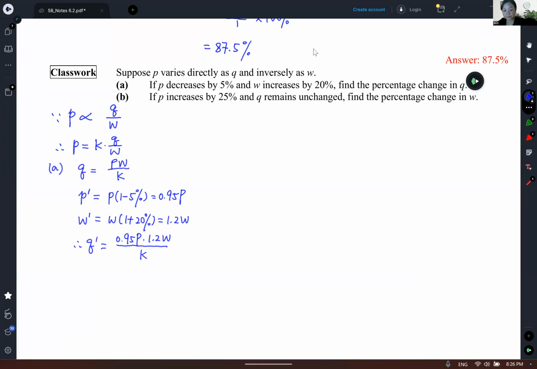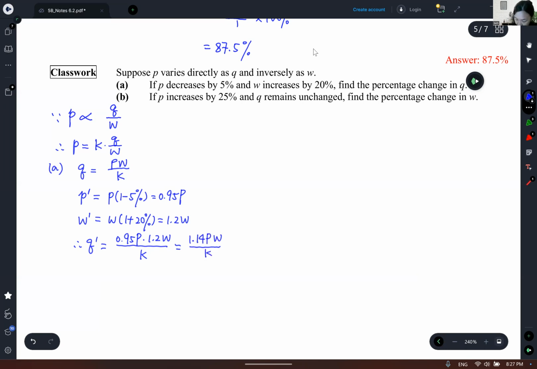And in this case, 0.95 times 1.2 equals 1.14. So this is 1.14 PW divided by K. And therefore, the percentage change in Q can be found.